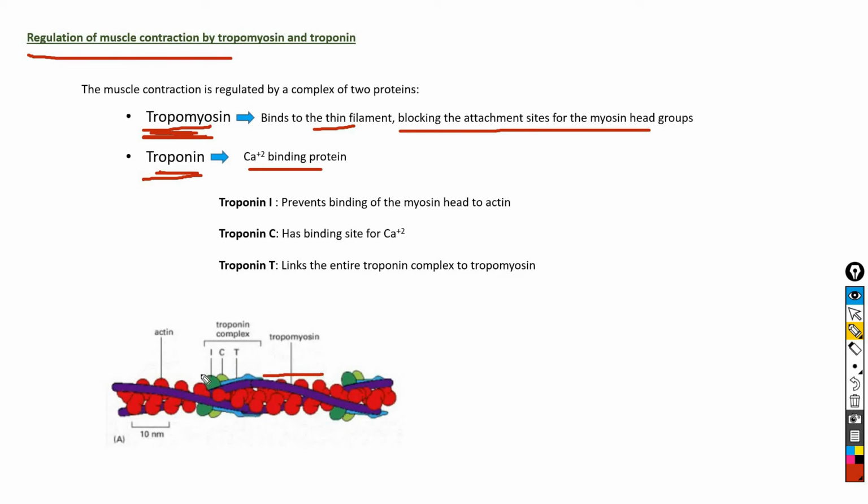The troponin complex consists of three subunits, that is troponin I, troponin C and troponin T. Troponin I prevents binding of the myosin head group to actin, whereas troponin C has binding sites for calcium ion, and troponin T links the entire troponin complex to tropomyosin, as you can see here.